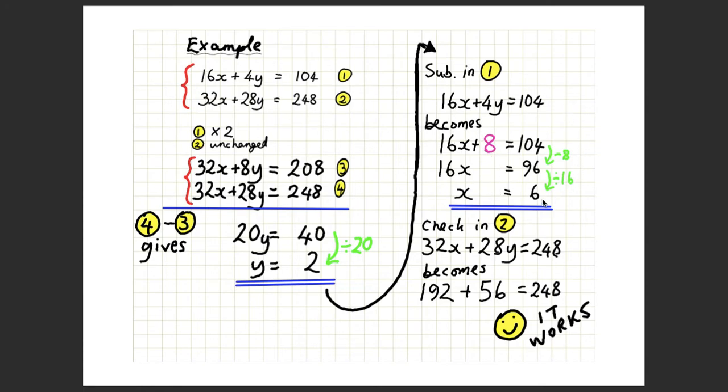Having done that, figuring out one of the variables, and then substitute it back into the first equation to figure out the other variable, and then having got both solutions, check it in the second equation, and if you've done everything right, it works.